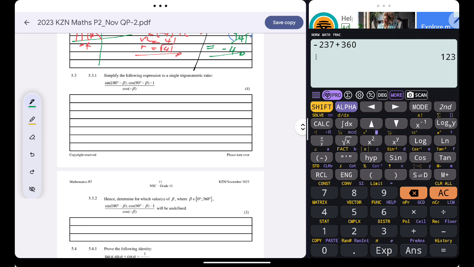Now I'm asked to simplify the following expression to a single trig ratio. The first thing, guys, I need to do whenever I simplify is to reduce all of my angles, right? But before I do that, I must just build the structure first. I have a negative 1 there.